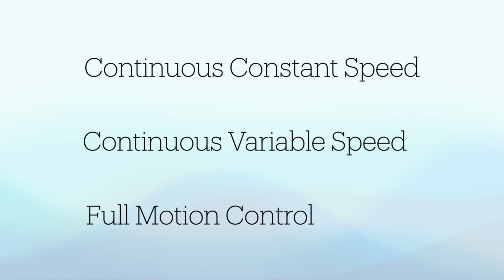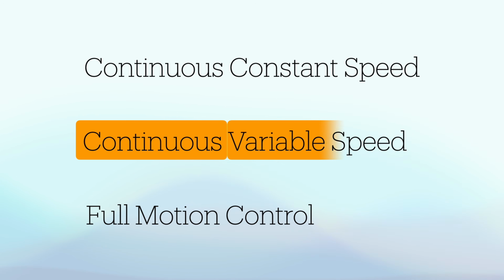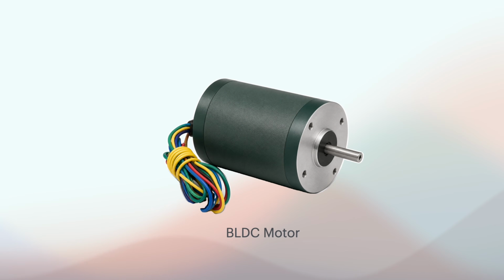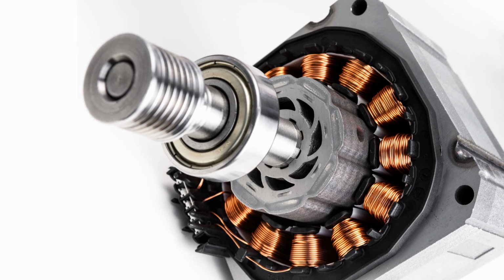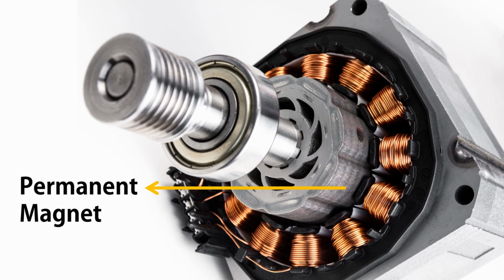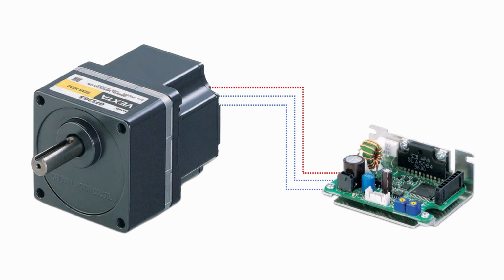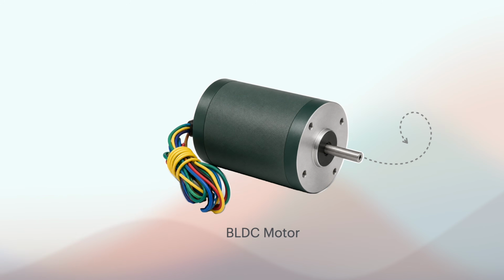So in applications where motion is continuous but a wide range of variable speed is required, BLDC motors become a better choice. Unlike induction motors, BLDC motors use permanent magnets instead of induced electromagnets, and their speed is electronically controlled instead of by power frequency. So they can operate over a much wider speed range.